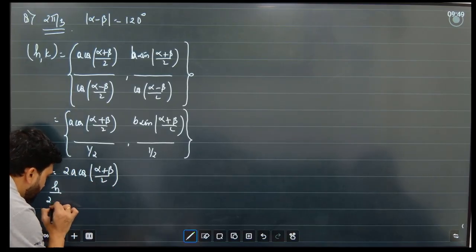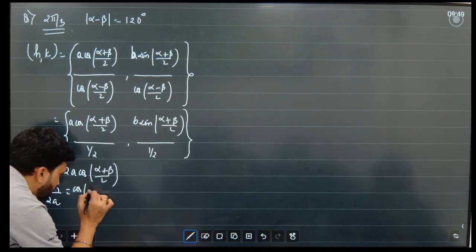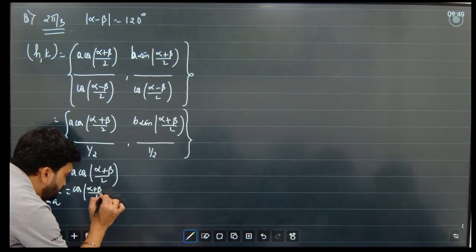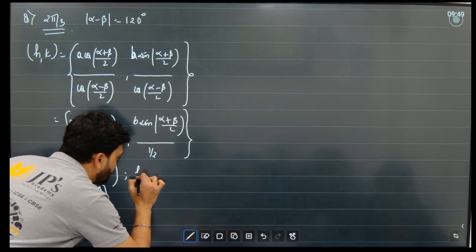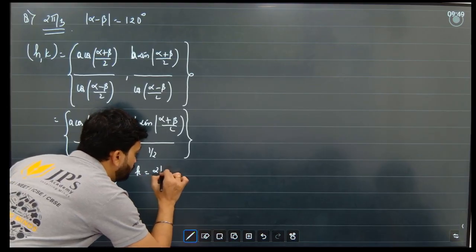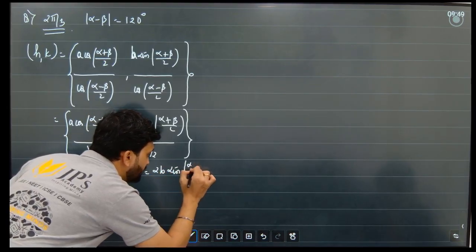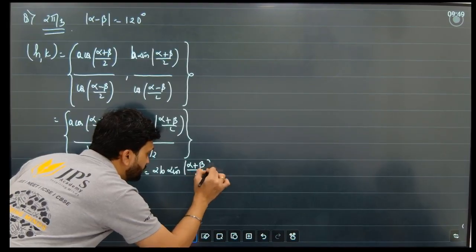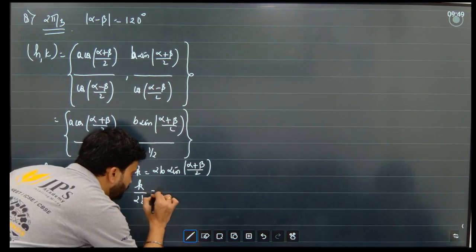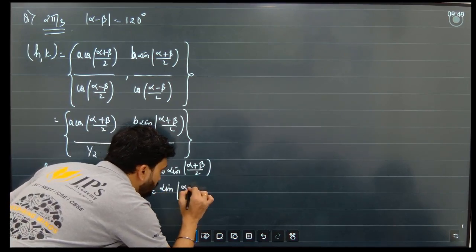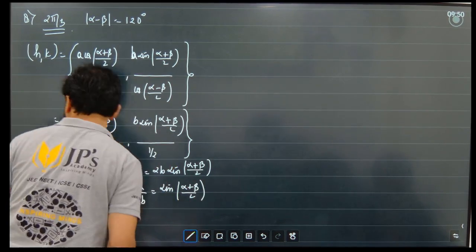Therefore, h by 2a is equal to cos((alpha plus beta)/2). And here, k is equal to 2b sin((alpha plus beta)/2). Therefore, k by 2b is equal to sin((alpha plus beta)/2).